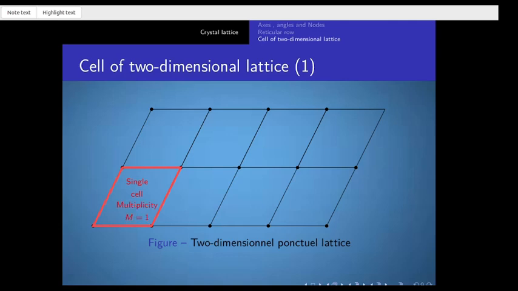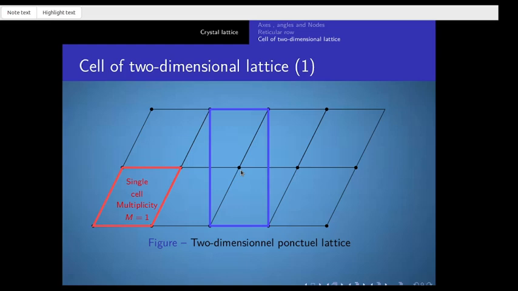Here we say that the multiplicity of the cell is equal to m equals 1. If we take as cell this blue cell, we have here the 4 vertices which are on the nodes, and one node here in the center of this cell.